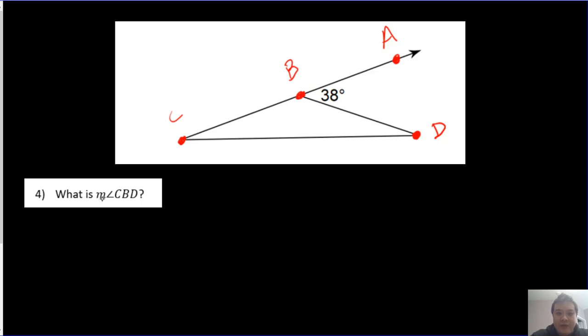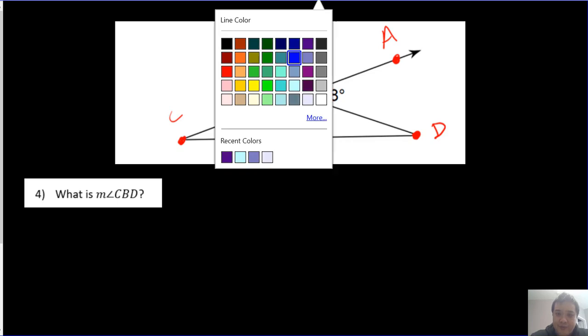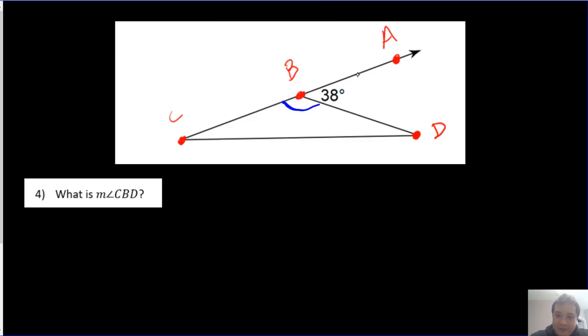What is the angle of CBD? Again, that is this one right here. We know that CBD and ABD have to add up to 180 degrees because they are supplementary angles. So we can set up the equation, call this one X. 38 plus X is going to get us 180 degrees.